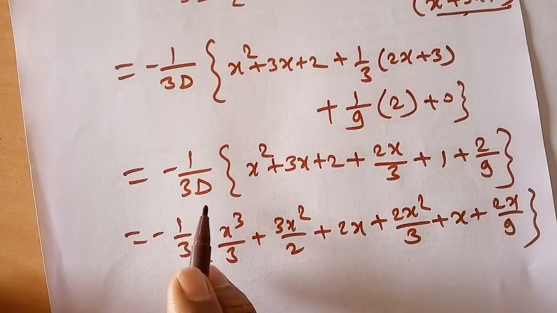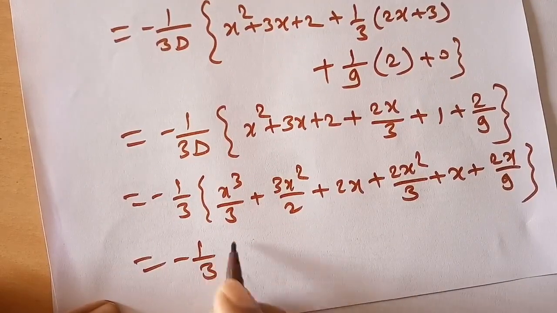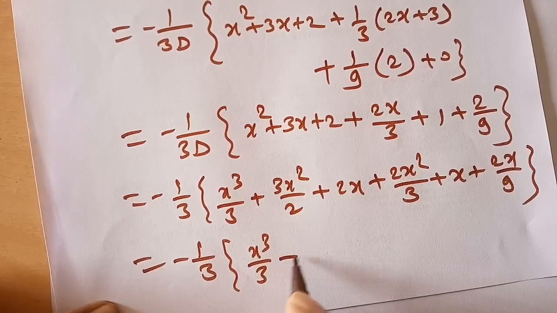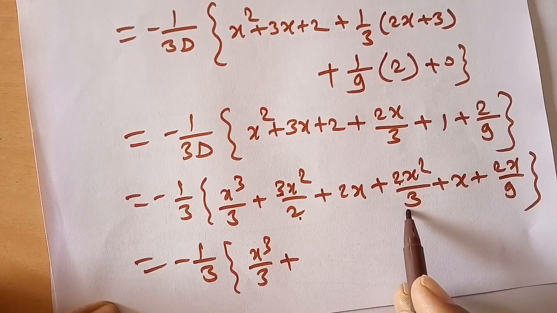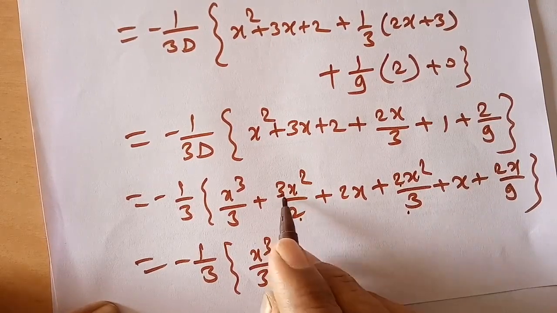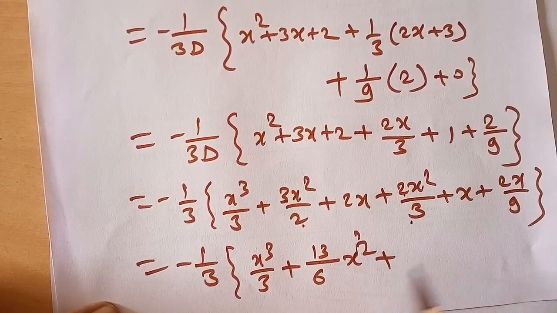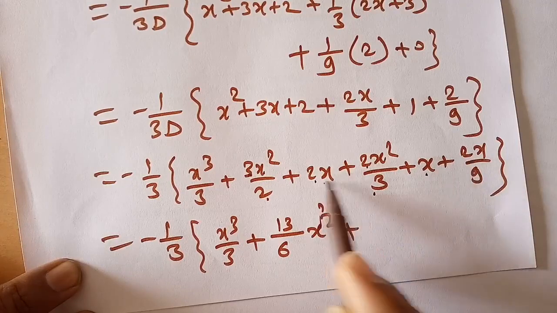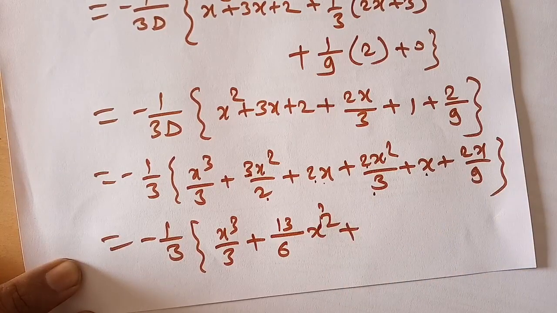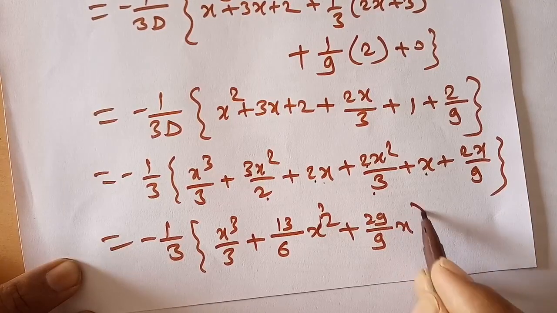I am taking integration: 1 by d means integration, d means derivative, and from this we are getting minus 1 by 3 into x cube divided by 3 plus 3x square divided by 2 and here 2x square divided by 3, and this is 13 by 6 x square, plus, now here 2x plus 1 3x, and here 3 plus 2 by 9, we have to take 3 plus 2 by 9, we are getting 29 by 9 into x.